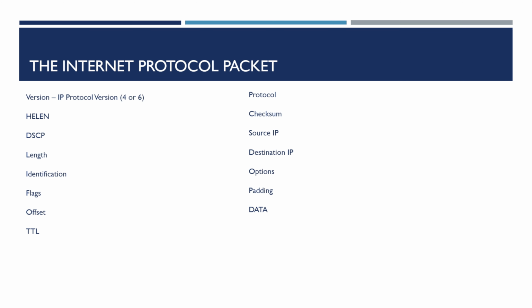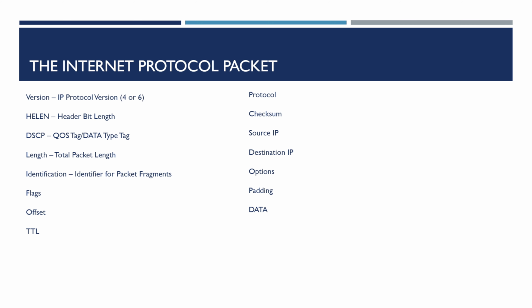Starting off with the version, obviously the Internet Protocol version. HLEN, it's the header bit length, says when the data starts. DSCP is quality of service or a data type flag. Length is the absolute total packet length. Identification is an identifier for packet fragments.